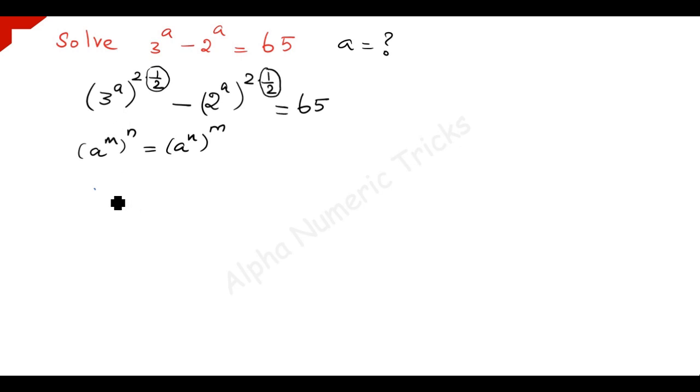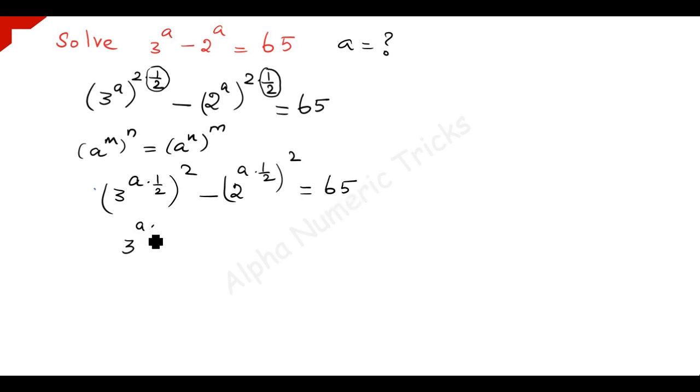Okay, so you can write this as 3 to the power a times 1 by 2 whole to the power 2 minus 2 to the power a times 1 by 2 whole to the power 2 is equal to 65. Or you can write this as 3 to the power a by 2 minus 2 to the power a by 2, that is, here you have whole square, no? So whole squared is equal to 65.